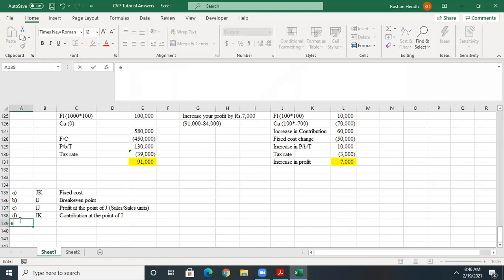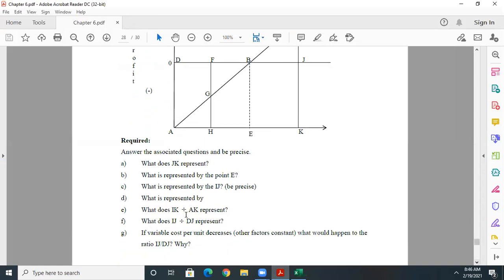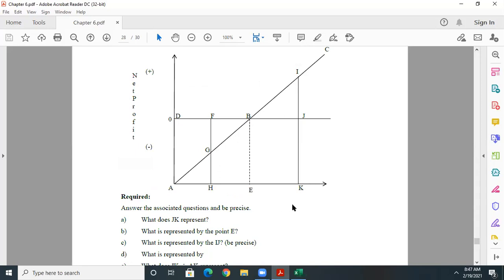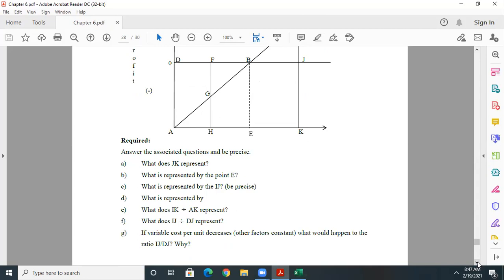Let's look at the next part. It asks, what does IK divided by AK represent? What is that, if you take IK divided by AK here? Good, very correct.